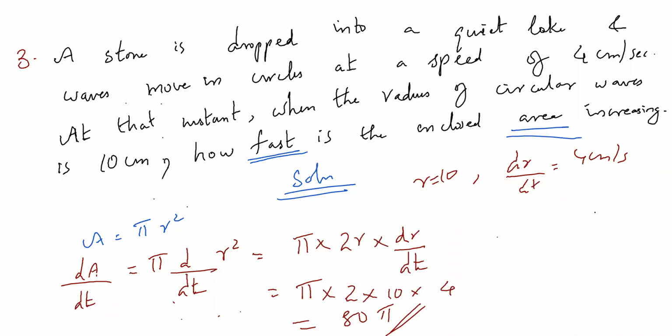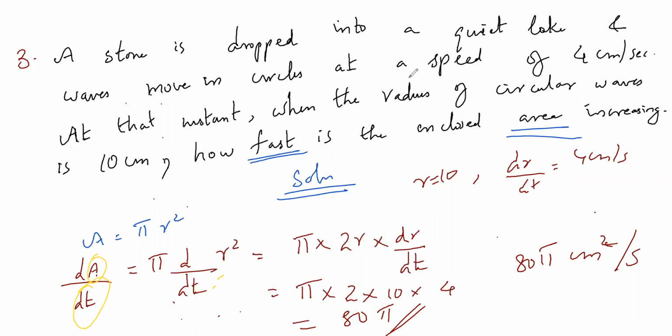So the enclosed area is increasing at 80 pi centimeter square per second. Why centimeter square? Because area dA is centimeter square, and time is per second. Okay, fine. So if we are able to think, we will get it.